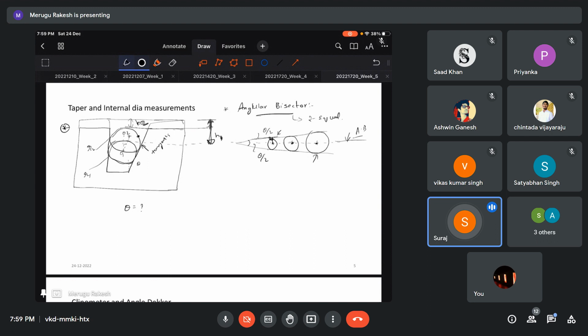Tan theta is equal to R2 minus R1, upon, R1 plus H1 in brackets, minus R2 plus H2. Nice.